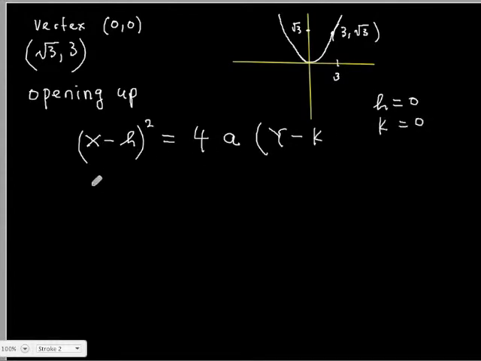So the equation will simplify to x squared is equal to 4 times a y. Because you know the x and y point, you can plug in the x point. You know the x point is square root of 3 and the y point is 3.